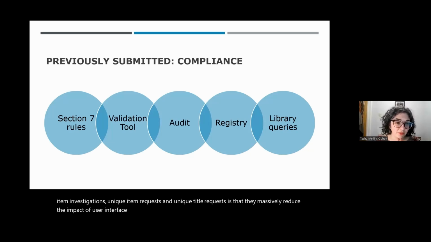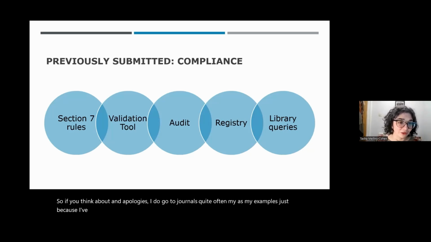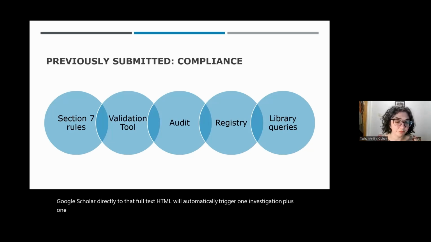So if you think about, and I apologize, I do go to journals quite often as my examples, just because I've done a lot of time in journals. If you think about an OA journal, which defaults to showing the user the full text HTML of an article, going from Google Scholar directly to that full text HTML will automatically trigger one investigation plus one request.